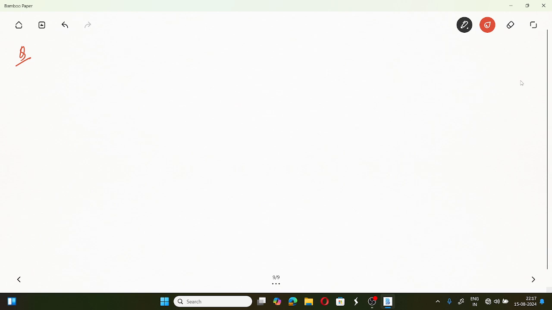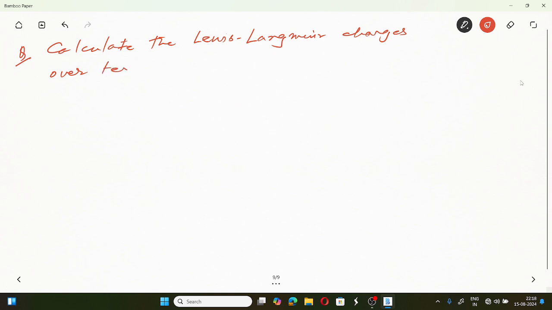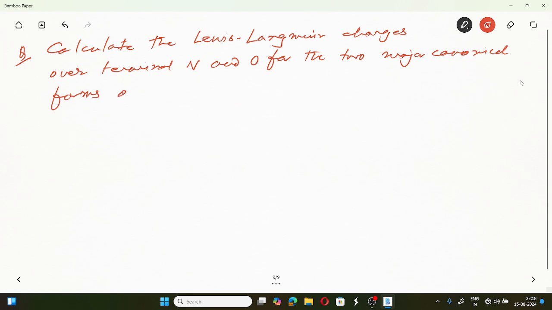We say: calculate the Lewis-Langmuir charges over terminal nitrogen and oxygen for the two major canonical forms of N2O.